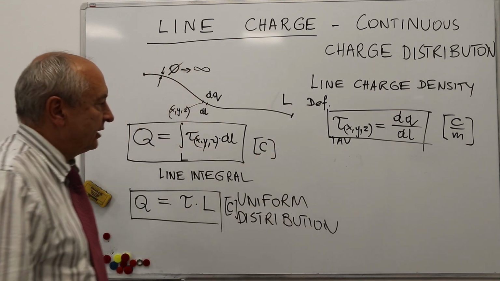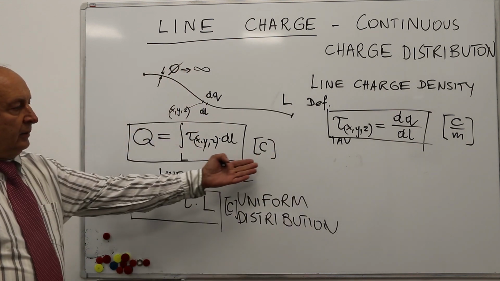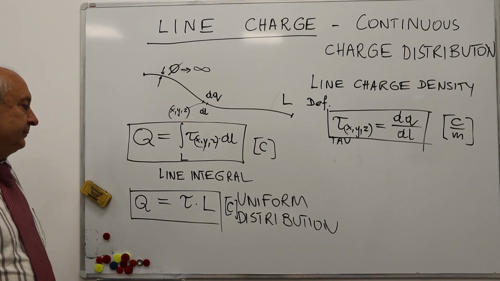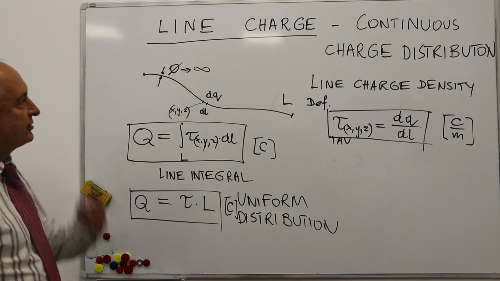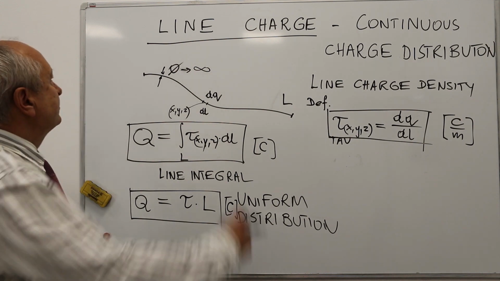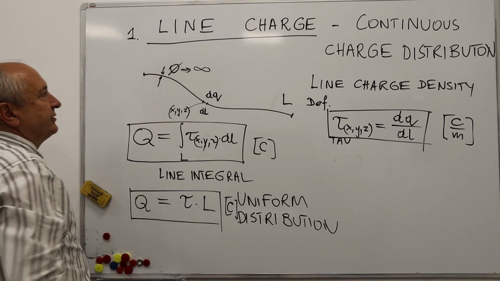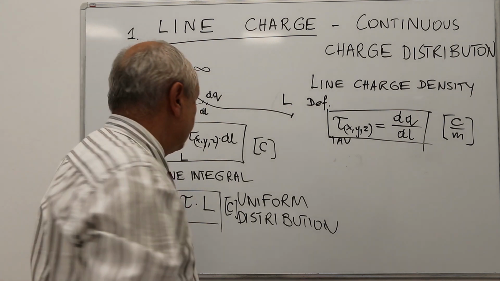Of course, the unit of charge is Coulomb. This is for line charge distribution, the first case of continuous charge distribution.